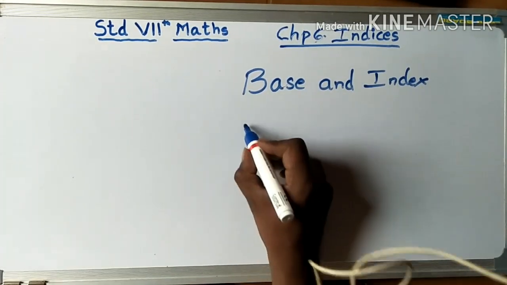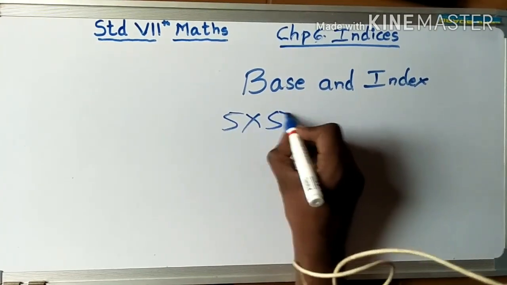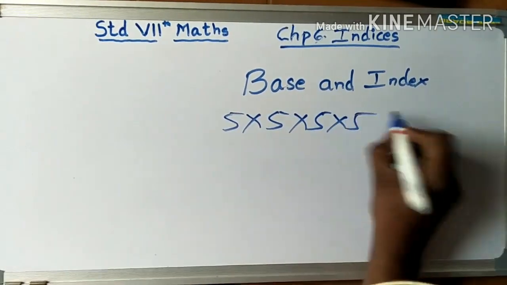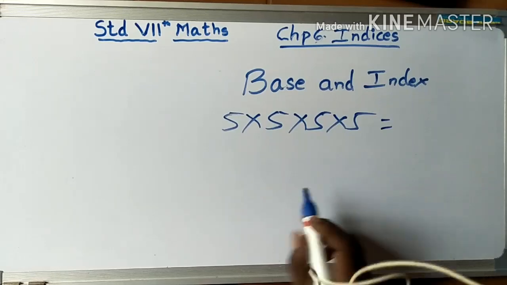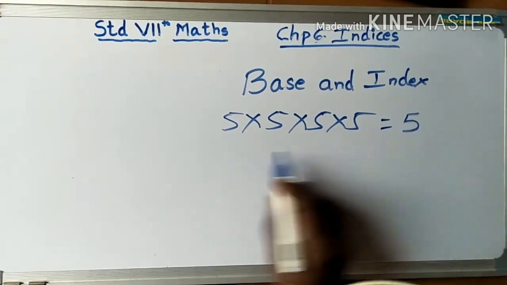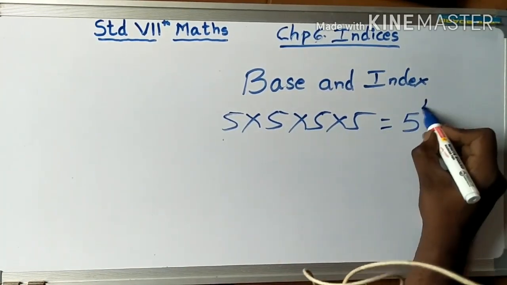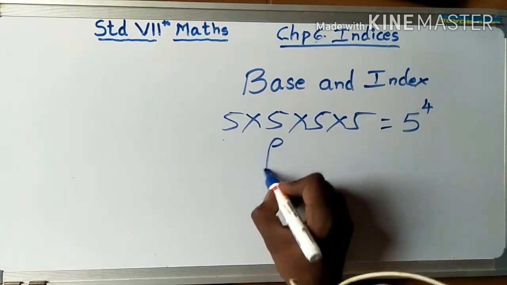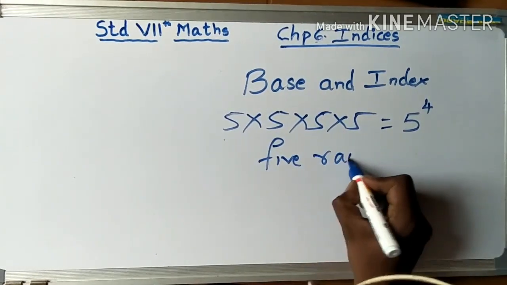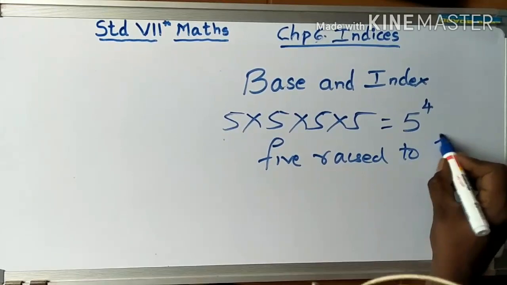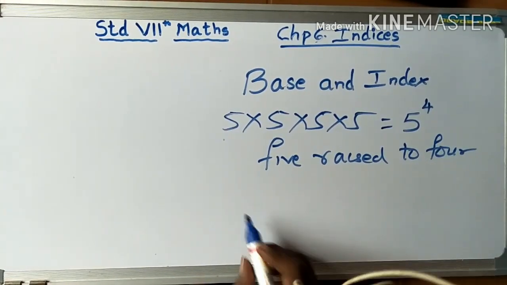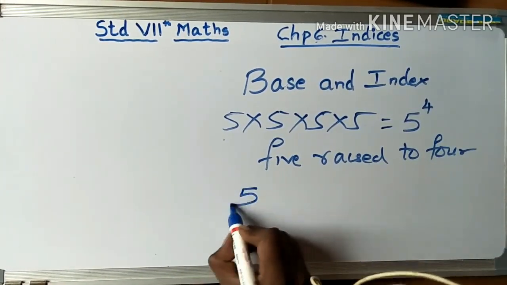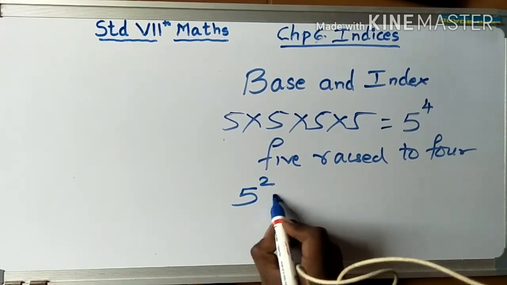Let's take another example. 5 into 5 into 5 into 5. Now this 5 is written 4 times: 1, 2, 3, 4. So we call this 5 raised to 4. Now suppose I write 5 raised to 2.